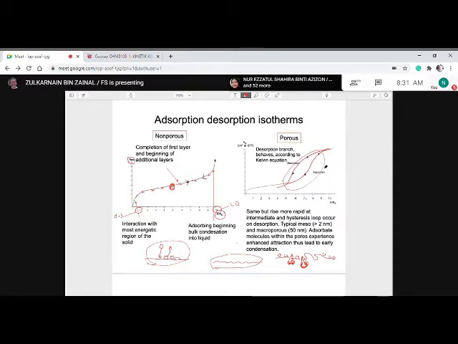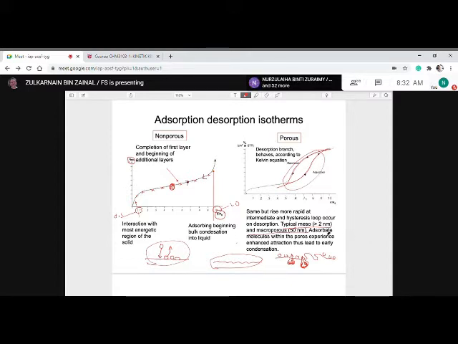And so from there we can actually also get the information on the pores, on the size of the pores that is involved in the adsorption. Right?